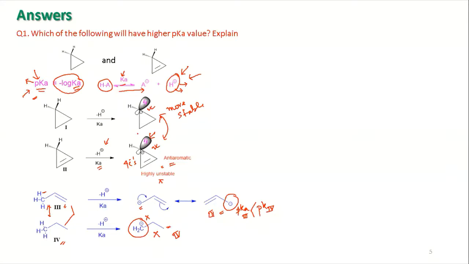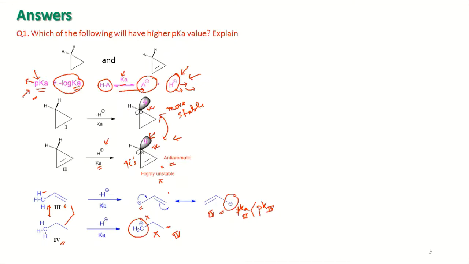Got it? Now, when you lose H plus, you have the formation of the anion. If your anion is easily formed, that means you can easily get the H plus also. Now, how will the anion be easily formed? If it is stable. So you have to look at the stability of the anions. If H plus is more, you have a low pKa value.